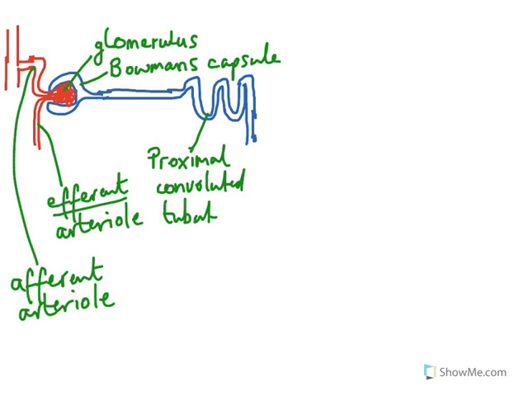So no sooner has the blood been filtered and you end up with this glomerular filtrate, like I said. This glomerular filtrate, incidentally, is going to pass along in here. So we'll just draw a little arrow there. I don't know if you can see that. By the time it gets to the proximal convoluted tubule, a lot of the content of the blood is going to be reabsorbed.